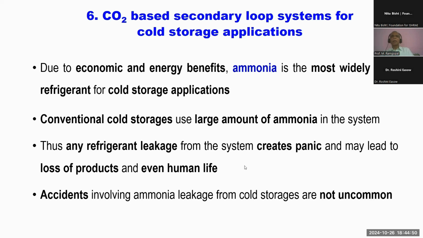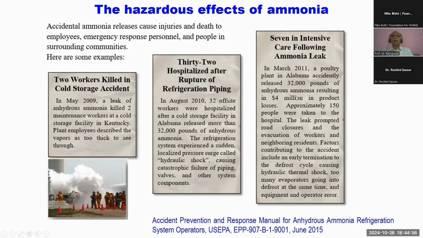Even once in a while, you read in the newspaper that there is a leakage in some cold storage. Okay, for example, this is just clippings from this publication. You can see that this is a US paper, so you can see what the effects of these leakages are. You can see that the effect is people falling sick to people dying. Right? So this is a very serious problem.